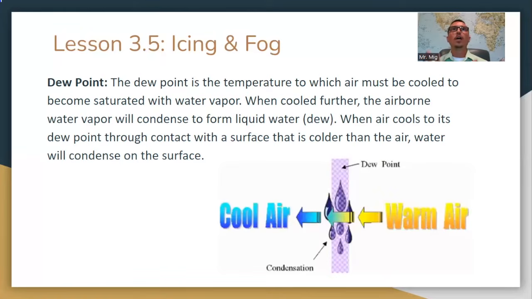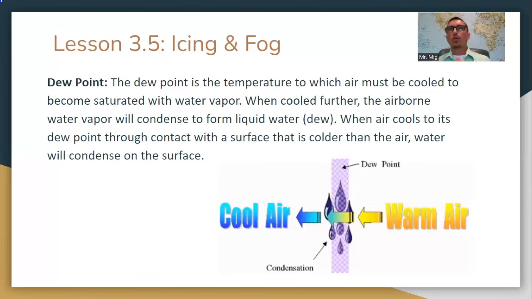So let's say the dew point is 75 degrees, super high, like it is here this time of year. And maybe you have an object, it could be your car windshield, could be the blades of grass or whatever, that might be cooler than that temperature. So maybe it's cooler than the air for whatever reason.